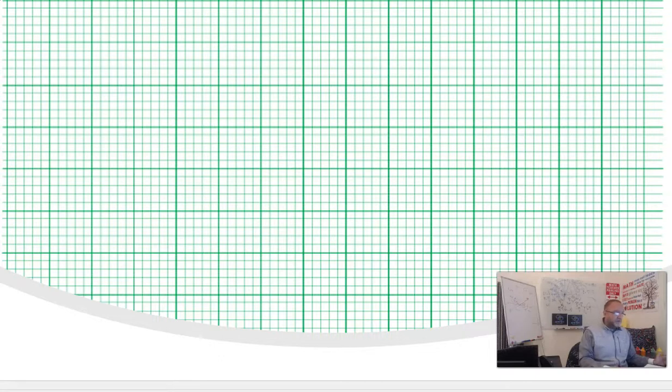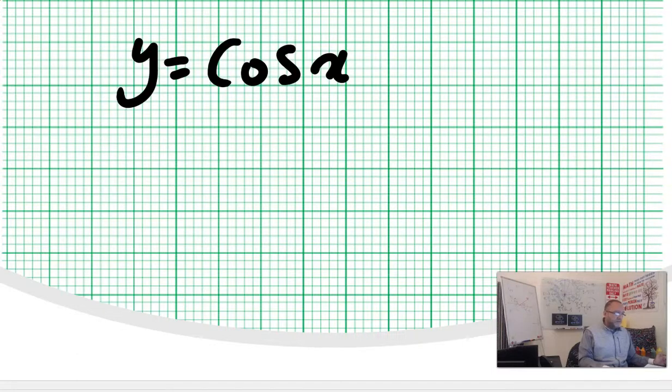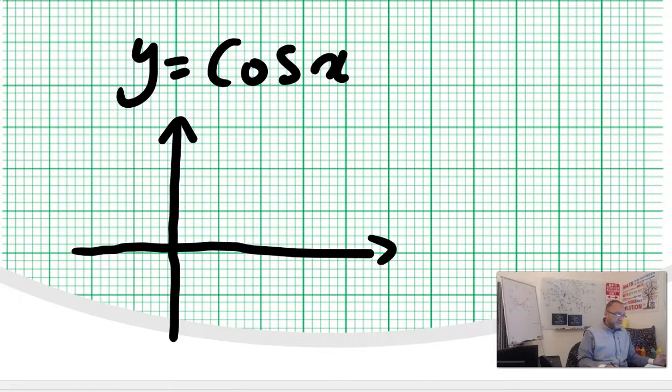Now, y equals cosine of x goes like this. We have the same domain, so we have our minus 1, and then our plus 1, and of course this is the pi over 2, this is the pi, 3 pi over 2, and this is the 2 pi.